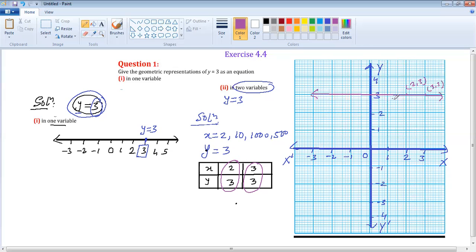Then write here the equation of the line, that is y is equal to 3. The only thing you have to remember is that one variable means on a number line, and while you are plotting in two variables, at that time you have to use a graph, with the x-axis and y-axis.